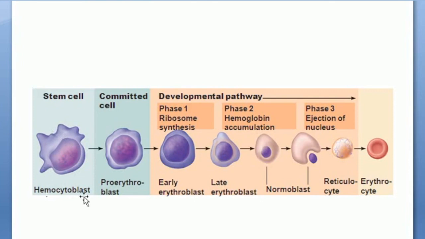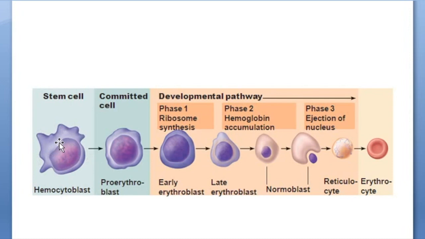What's blast mean? Producer, builder. What's cyte? What's hemo? So that means blood cell maker, blood cell producer. That's a cell that will become either a red cell, a white cell, or a platelet. Kind of neat. Depending on the chemicals that are released, it causes it to develop differently.